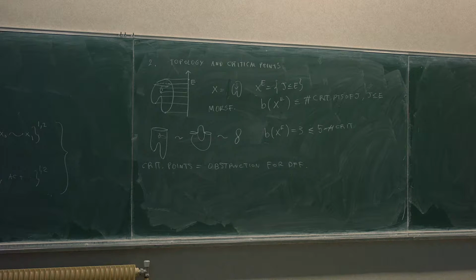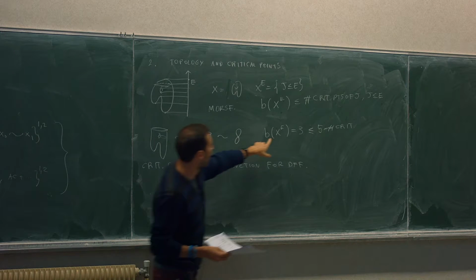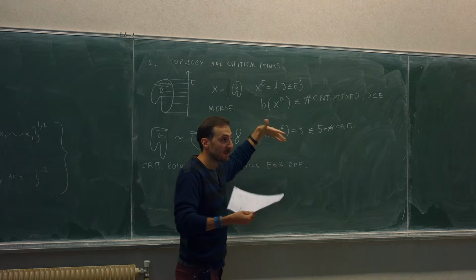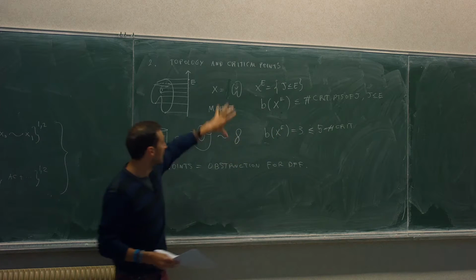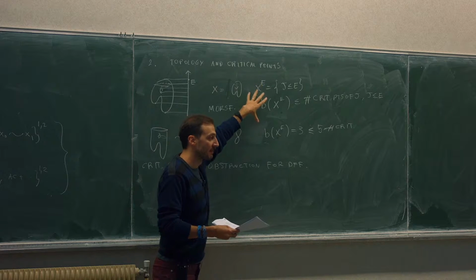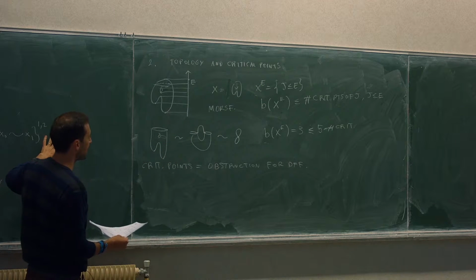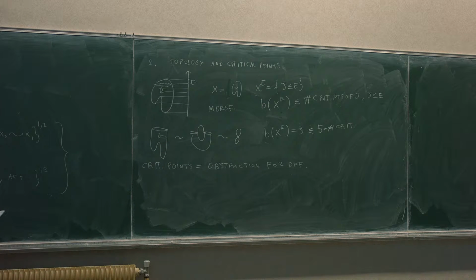In fact, in this specific case, the cohomology of this space has infinitely many generators. It means that this number is infinite. Then if you apply this scheme, which of course is infinite dimensional but still works, you predict infinitely many geodesics joining two points.